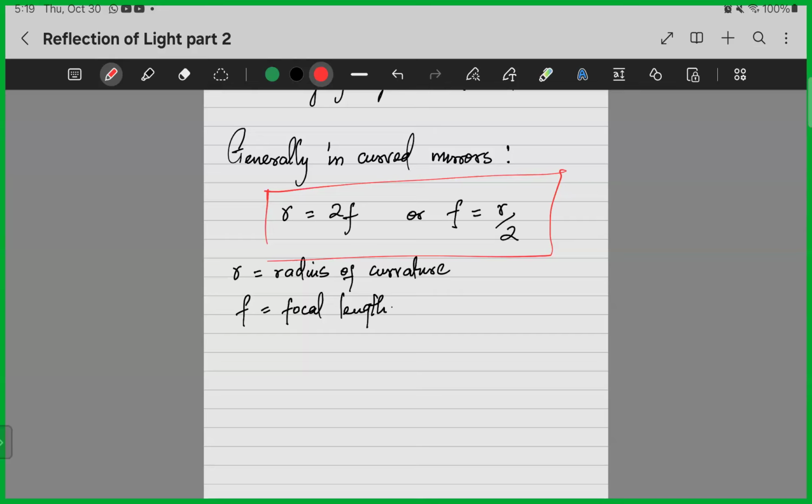Before we call it a day, we want to look at something very, very important. We can't call it a day yet until we look at this, and this will take some time. So we want to look at the different images formed by both the concave mirror and the convex mirror. Keep that in mind.